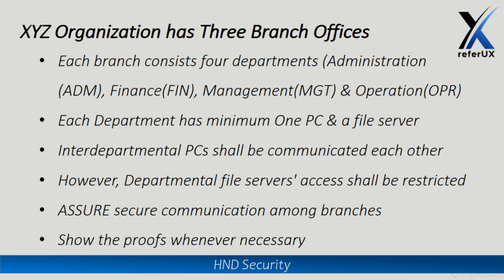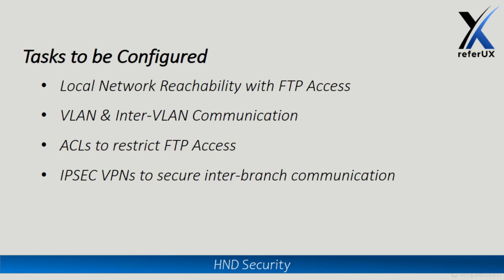So in this case we can easily categorize this whole task into four configurations. The first configuration is local network reachability and FTP access. Second configuration is VLAN and inter-VLAN communication.